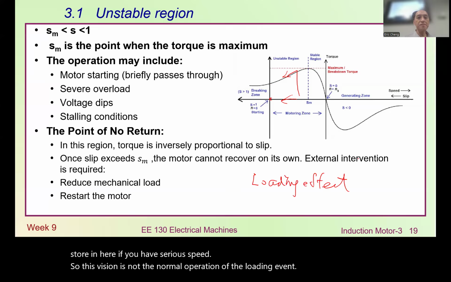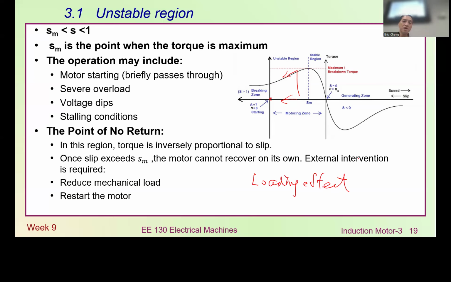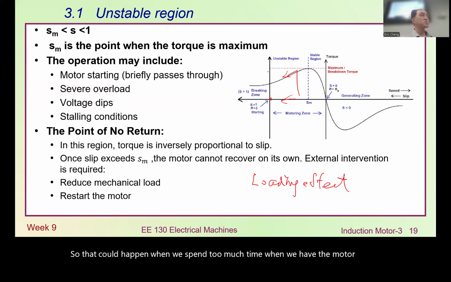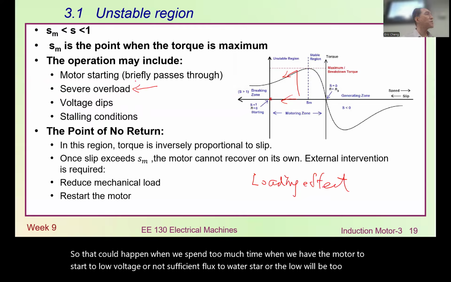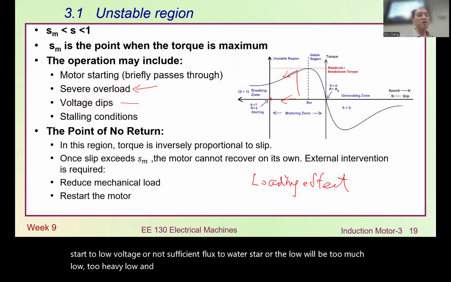So this could happen when we have the motor start with too low voltage or not sufficient flux to start, or the load will be too much, too heavy a load, and then there will be a voltage dip. The voltage becomes lower than we expected.